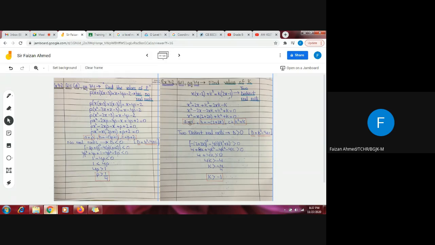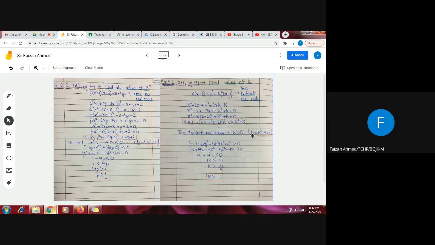a is basically the coefficient of x square, so a will be 1. b is the coefficient of x, so the coefficient of x is minus bracket open 2 plus 2k bracket close, and the remaining thing is the c, so c will be k square plus k. Now I know that this equation has two distinct real roots, so the condition will be discriminant greater than 0.